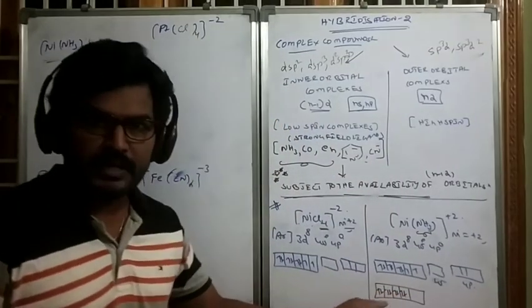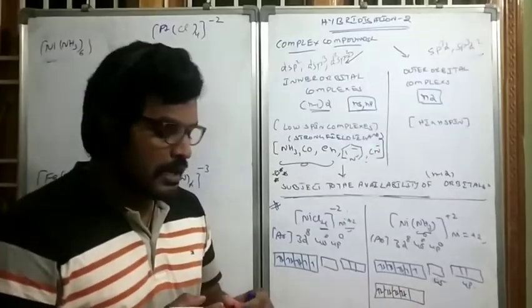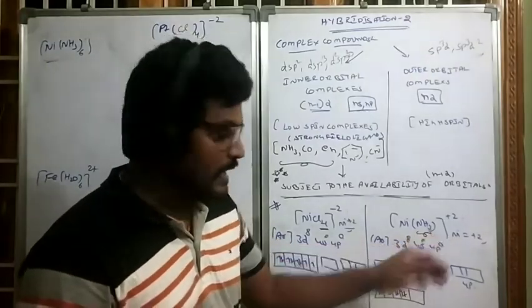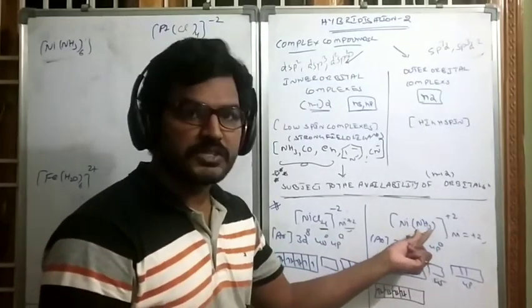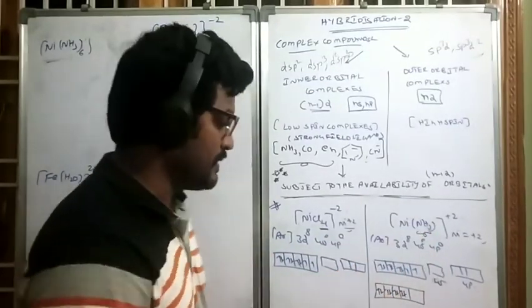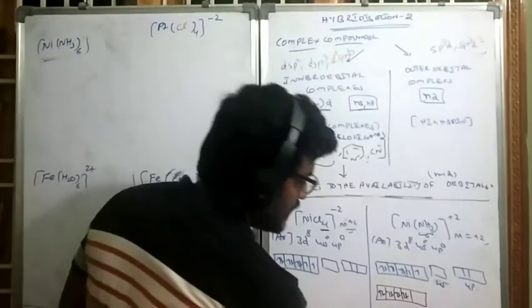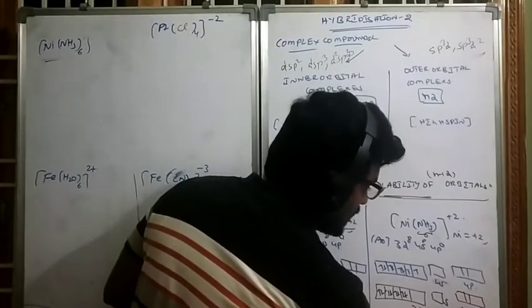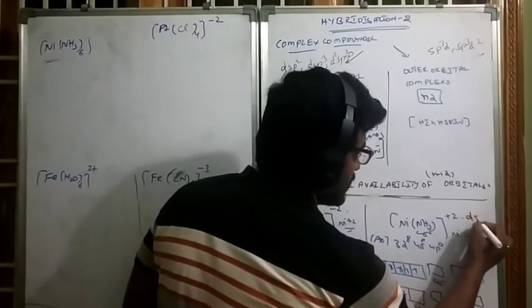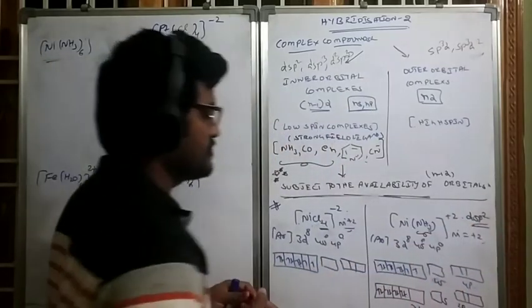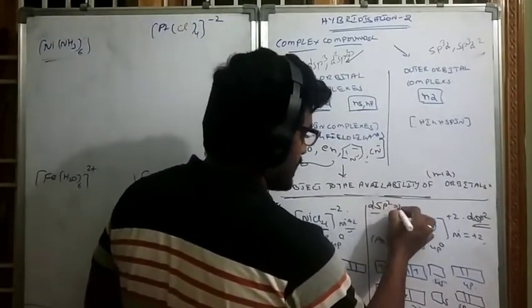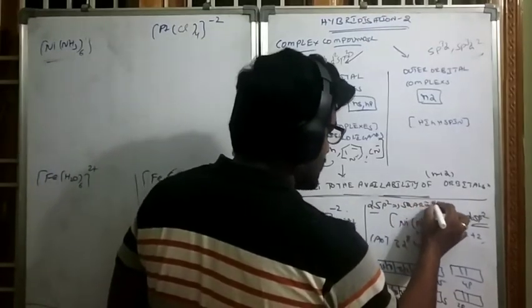Because of the strong field ligand, the electrons will pair up against Hund's rule of maximum multiplicity. So that's why they pair up here, and the 3d orbital is available, the s orbital is available, and 2 p orbitals, and hence it undergoes dsp2 hybridization. So that's why [Ni(NH3)4]2+ is dsp2 hybridized, and it is a square planar complex.